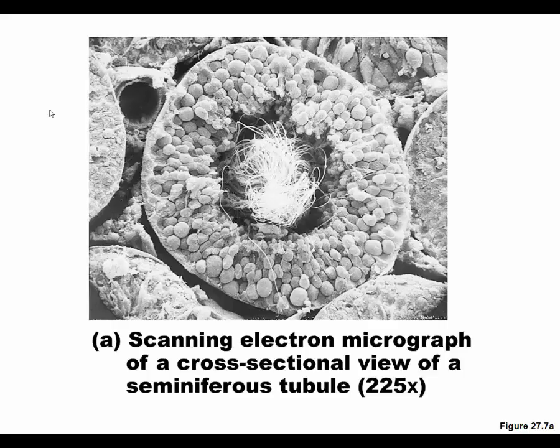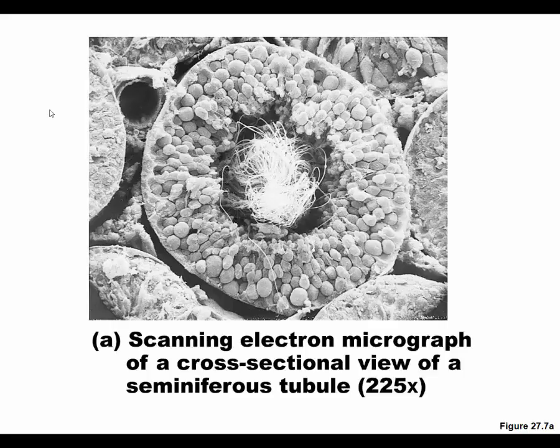So sperm are made in the testes, and the specific structures within the testes where the sperm are formed are called the seminiferous tubules. So if you look at the testes, do a cross-section, your textbook has a nice picture of what the seminiferous tubules look like from the outside. If you cut a testes in half, they kind of look like, if you know what ramen noodles look like, a network of tiny tubules.